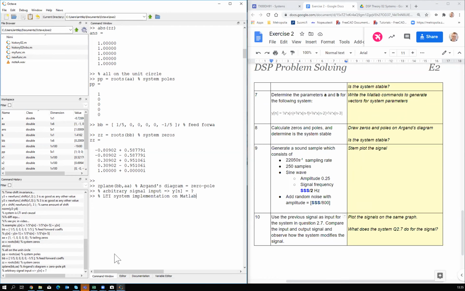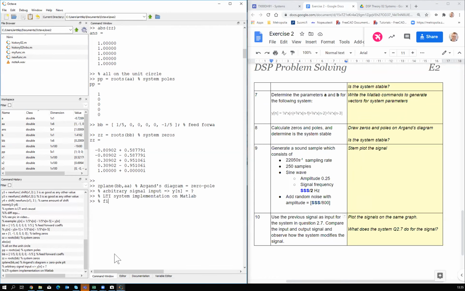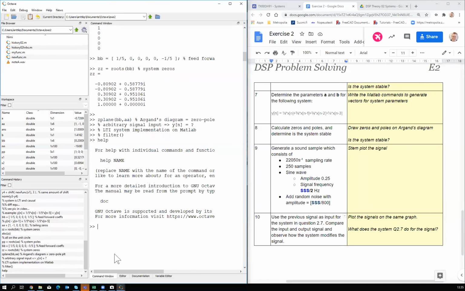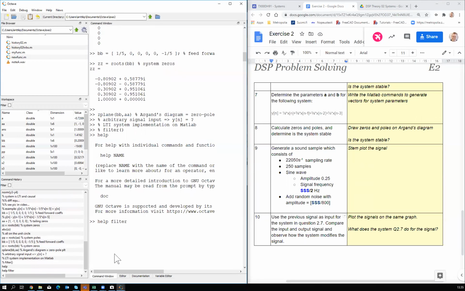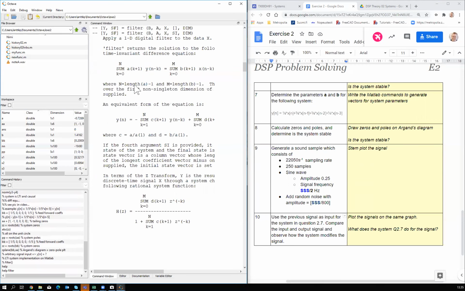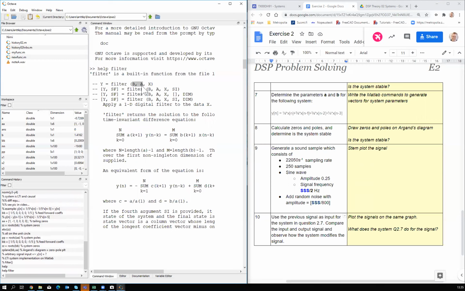It's called actually filter. How to use filter? Help filter. You give it parameters B and A and X, where the A's are the multiplying factors, the scaling factors for output, and B's are the multiplying factors of input.